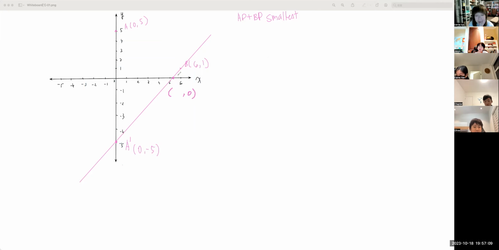Yes, because it's always like that. So now we need to find the linear equation of A'B. Correct? So now we have y equals mx plus b.